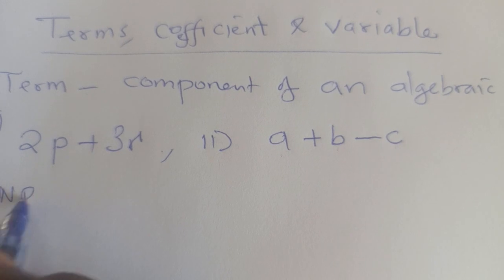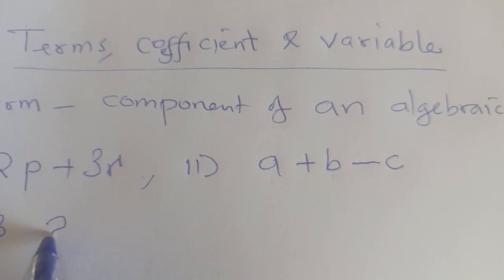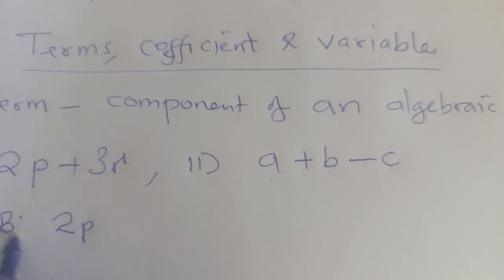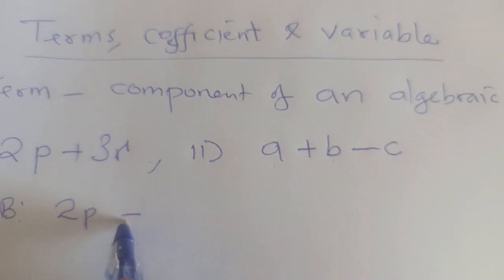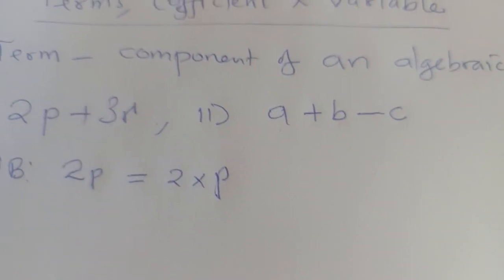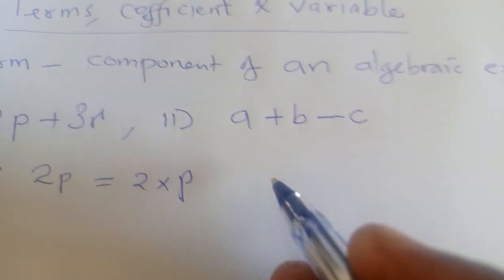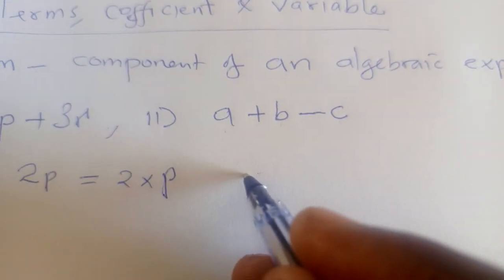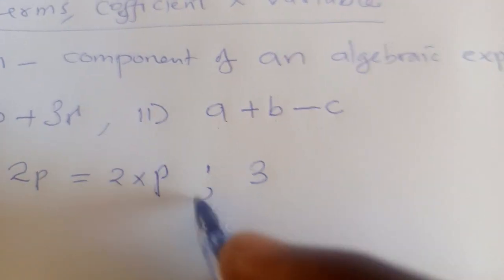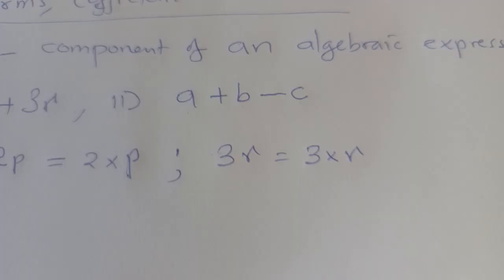Remember, now when you talk of 2p, 2p is the same as 2 times p. When we write 2p, that's the same as 2 times p. Similarly, when you have 3r, this is the same as 3 times r.